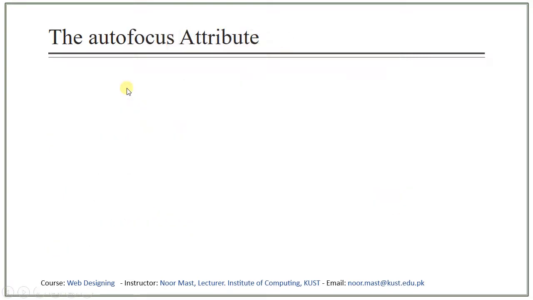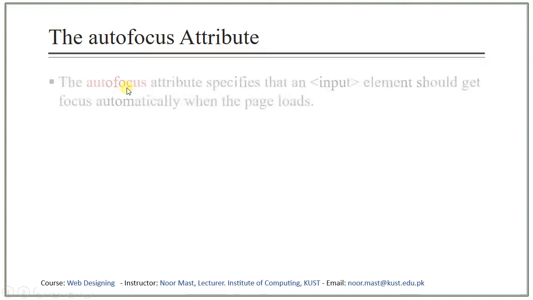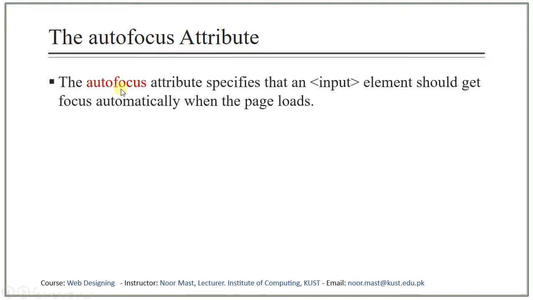So autofocus is the next attribute. The autofocus attribute is a Boolean attribute. When present, it specifies that an input element should automatically get focus when the page loads. Look at these codes.